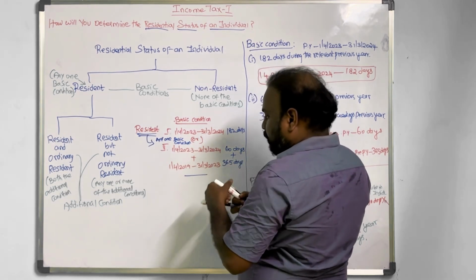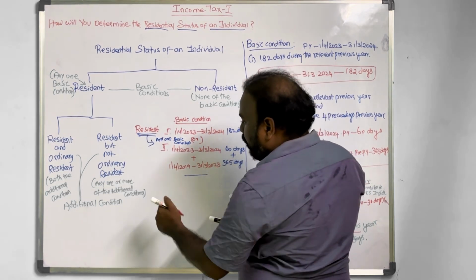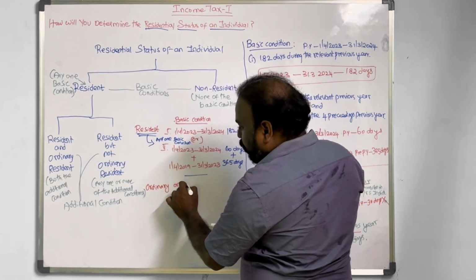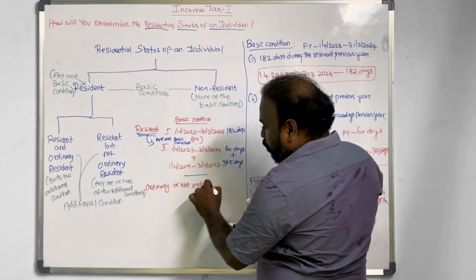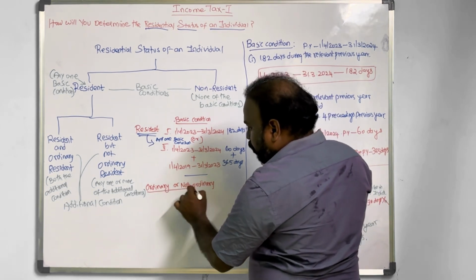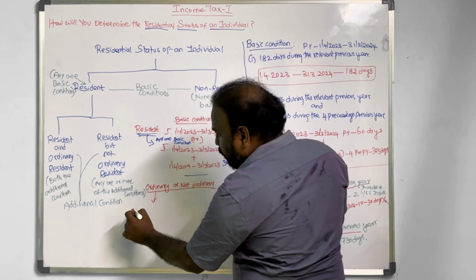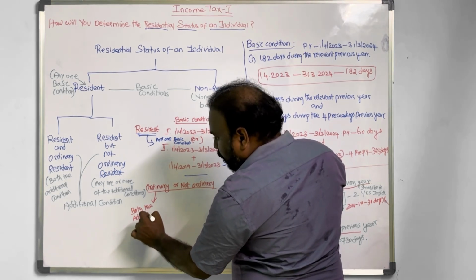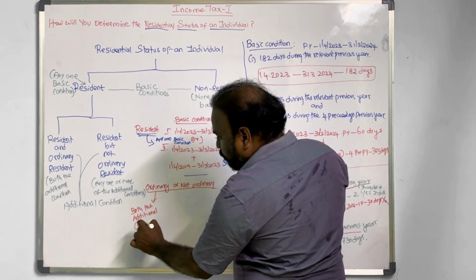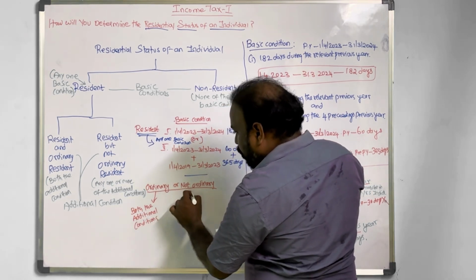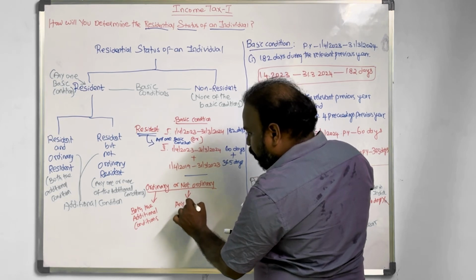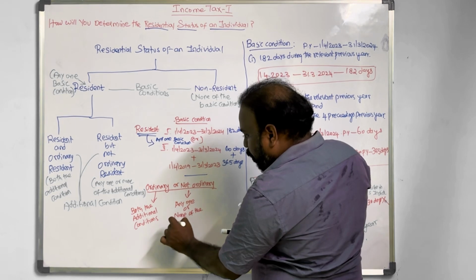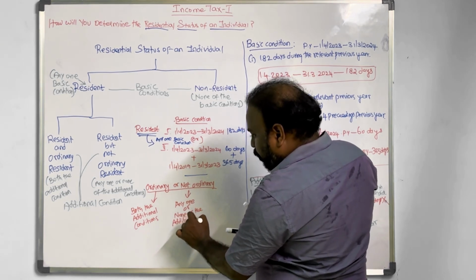Once we find a person is a resident, we go for ordinary or not ordinary. For ordinary, a person should satisfy both the additional conditions. For not ordinary, any one or none of the additional conditions.